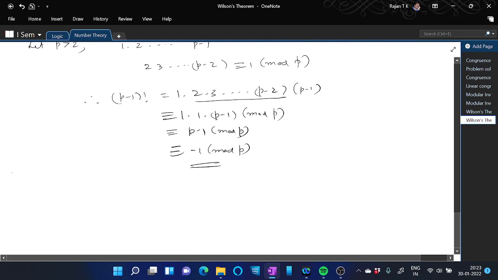Now let us do a problem based on, or using, Wilson's theorem. The problem is this. Let p be a prime number and n any positive integer.